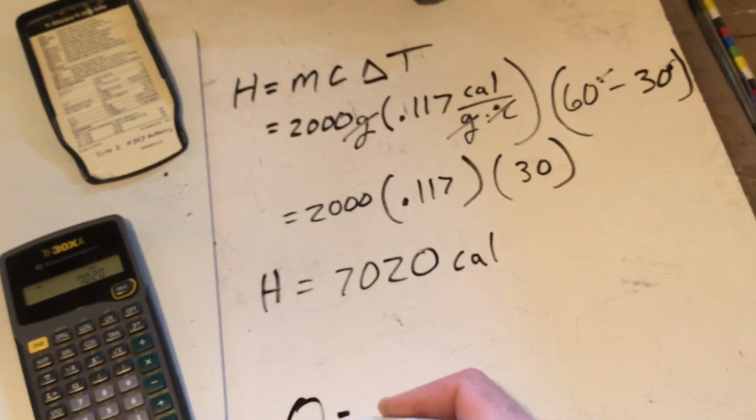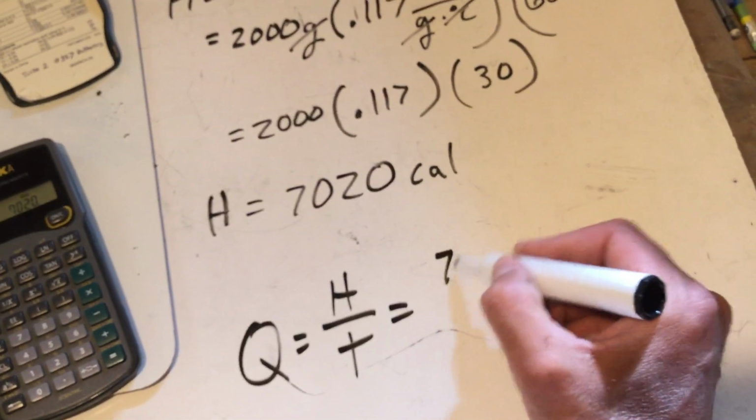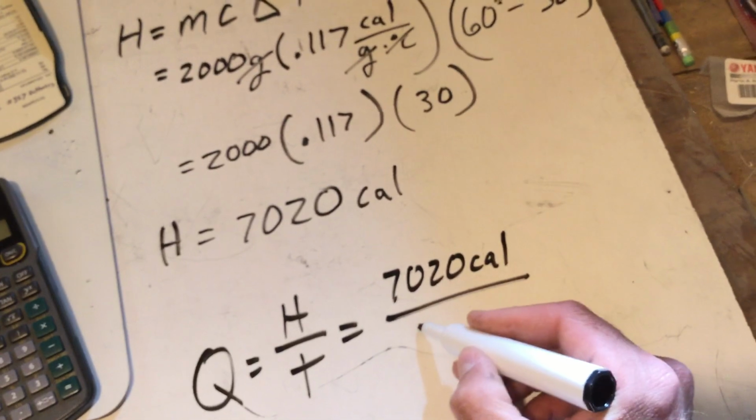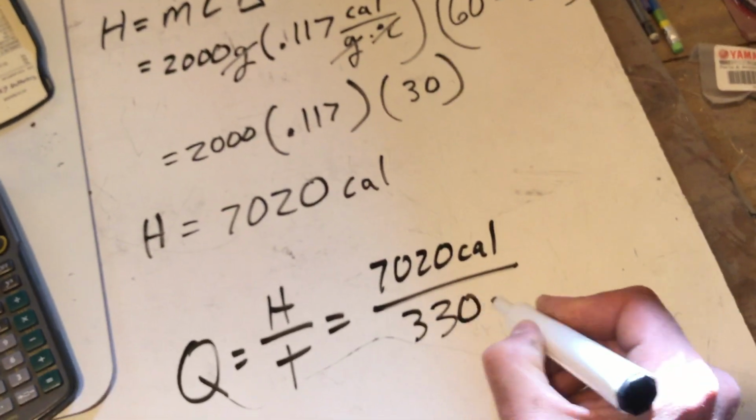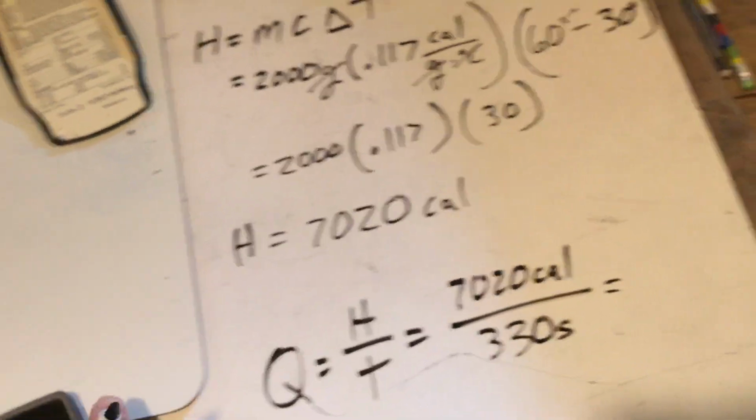So Q equals H over T. I got 7,020 calories, and I'm going to divide it by 330 seconds. I'm just pulling these numbers out of my hat. I don't really know how long it would take to heat that up.